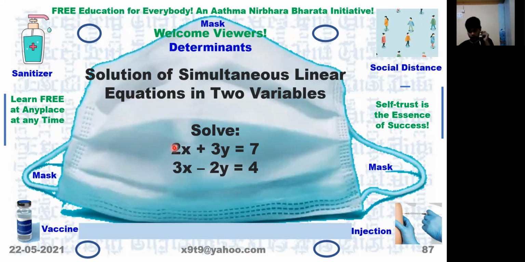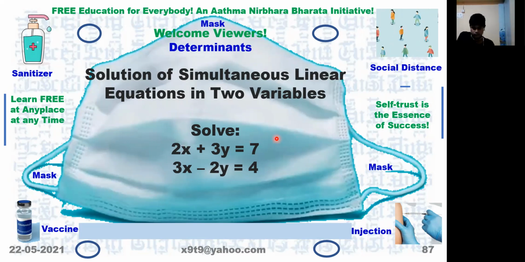Together they are called simultaneous linear equations. They are linear because the degree or power of x and y is 1. That means we don't have x square, x cube, y square, y cube, root x, root y, and so on; only x and y.